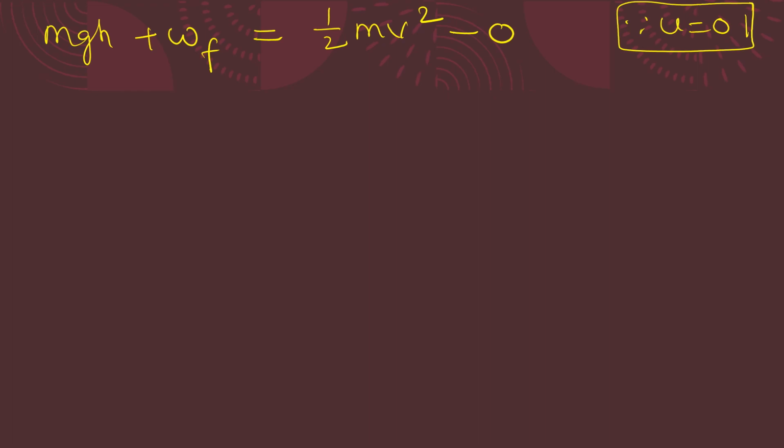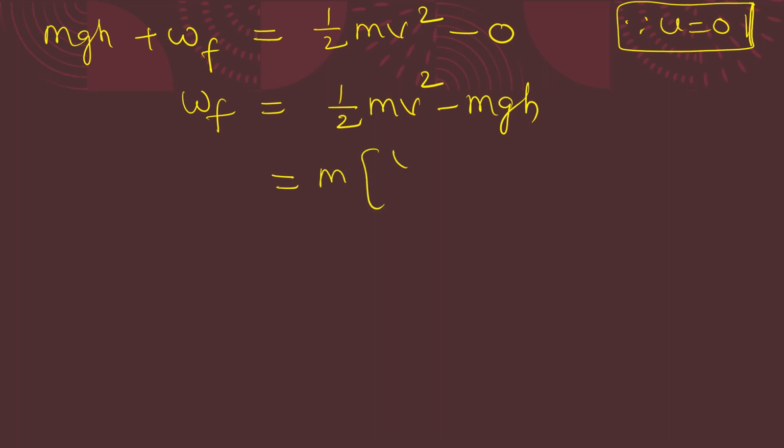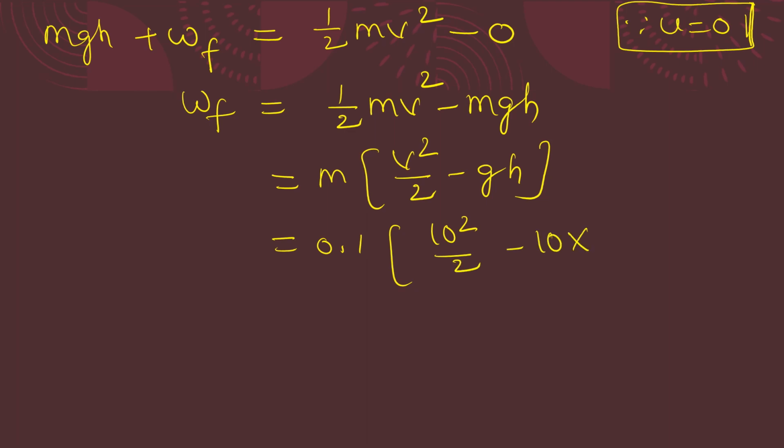Okay. Next, from this it can be written as Wf is equal to half m v square minus mgh. Taking m as common, that is m times v square by 2 minus gh. Now substituting 0.1 of 10 square by 2 minus g, 10, h they have given as 50. So this is equal to 0.1 into 100 by 2, 50, minus 5 tens, 500.